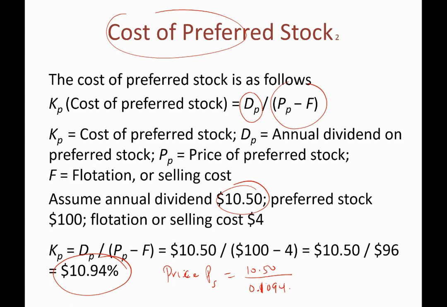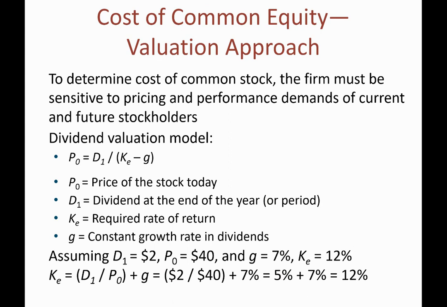If you divide these two, this will take you back to the price, and then of course you just have to add the flotation cost, and that will give you back the $100 that you are seeing in that scenario.